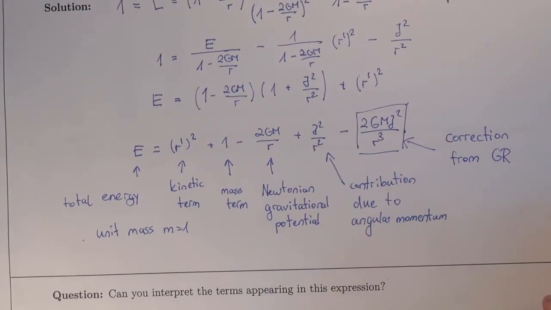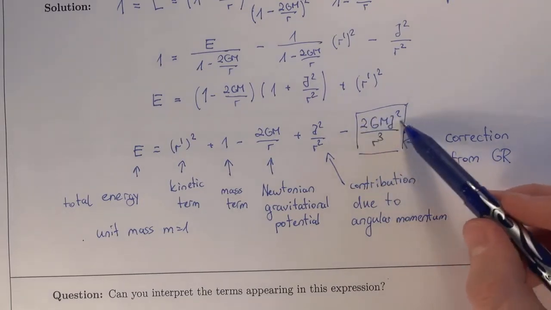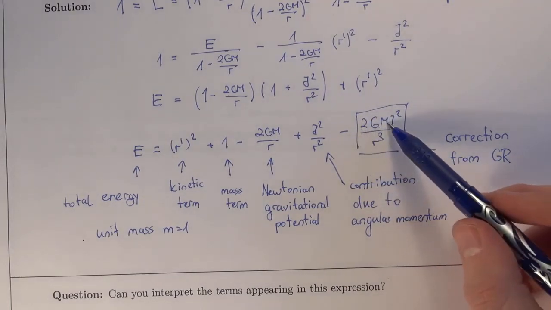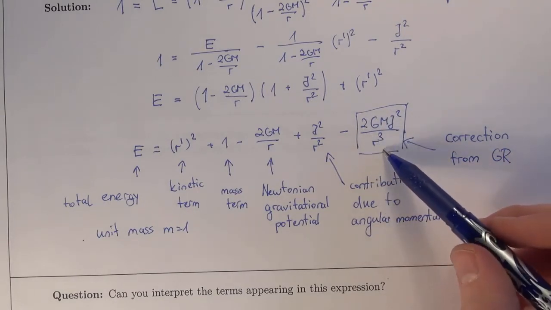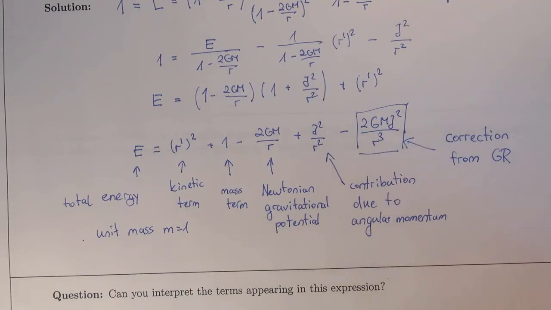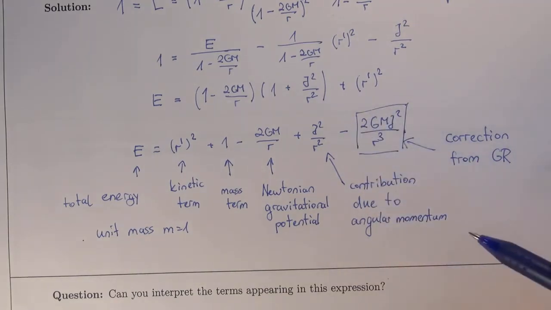And you see, this is divided, so you have constants in the numerator, and in the denominator you have r to the power of 3. So this term will contribute when r is small, and that indeed is the physical relevance of Schwarzschild spacetime.